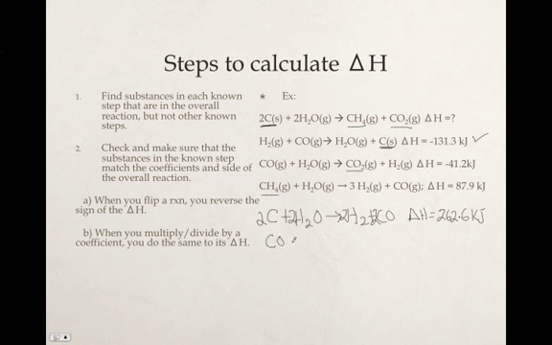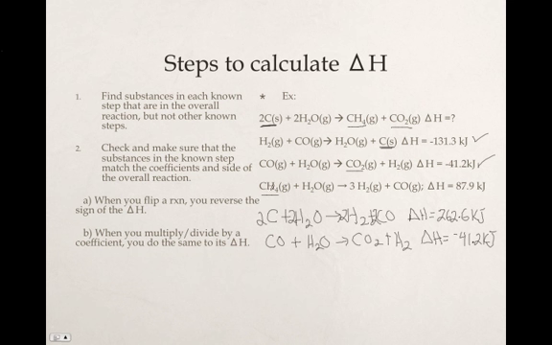So we have CO plus H2O goes to CO2 plus H2. And because we didn't do anything to the delta H of the reaction, we are not going to do anything to the delta H here. So we just leave it as negative 41.2 kilojoules. And we're done with that one as well.